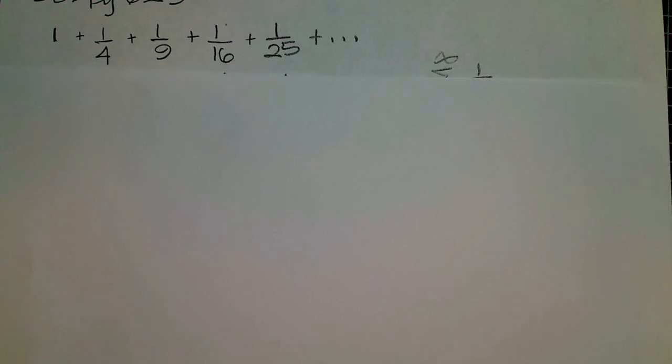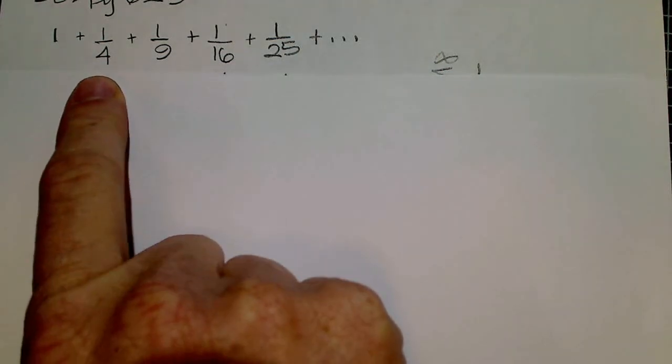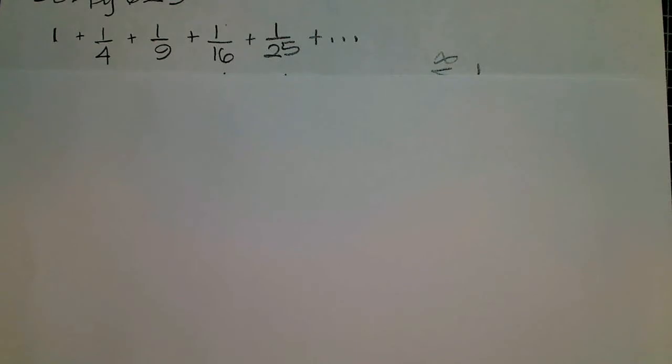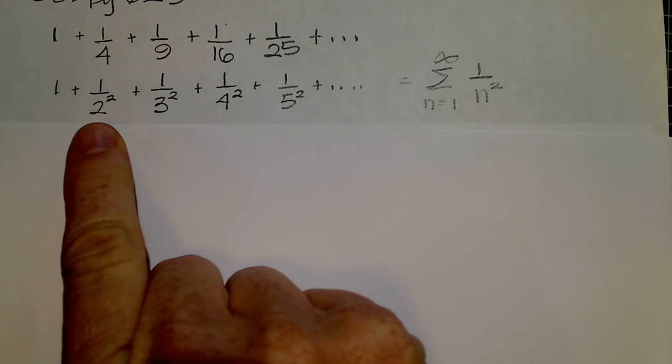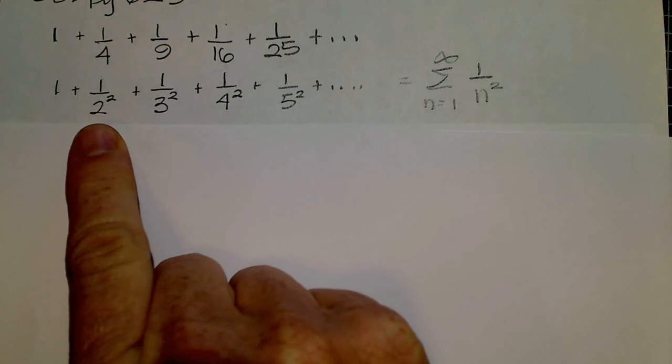Well, if we look at an example here, we have 1 plus 1/4 plus 1/9 plus 1/16 plus 1/25. Now we're supposed to determine if this diverges or converges. So what we do is we take a look at it. Let's rewrite it to see if we can recognize it as a p-series.